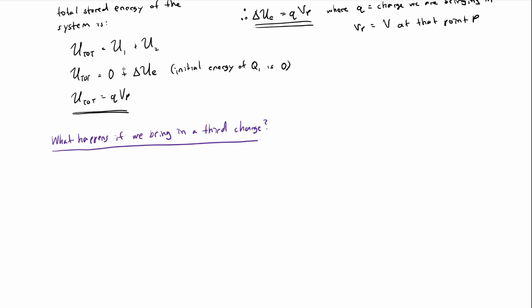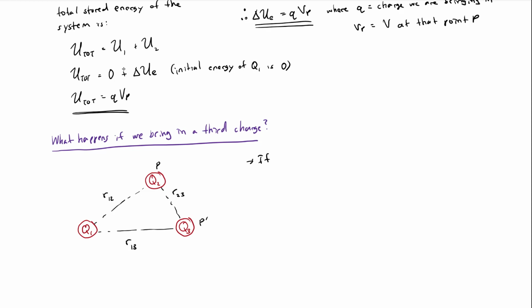Let's first draw this out. So we have Q1, and we have that Q2 from before, and let's say I have to bring in a Q3. That means I have several distances to consider now. I have R12, R13, and R23, Q2 acting upon Q3. We can call this point P, and we can call this point P prime.